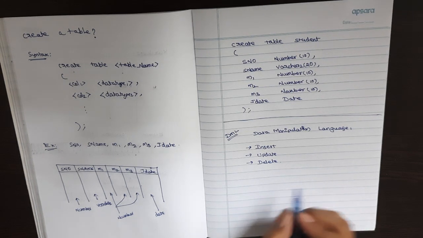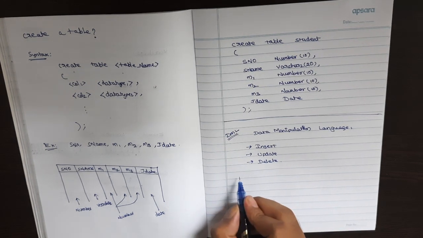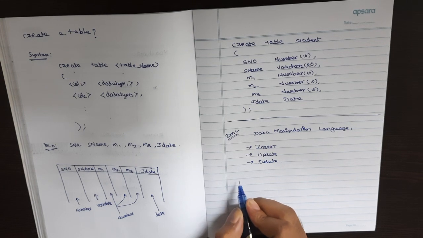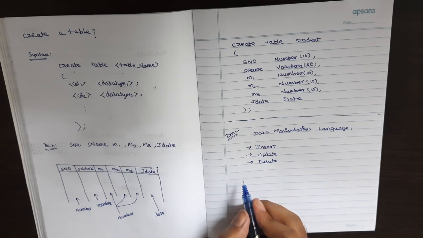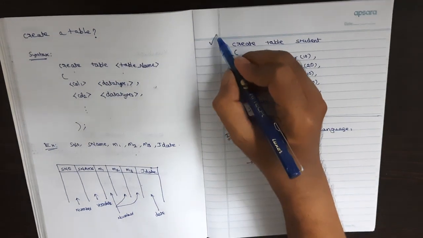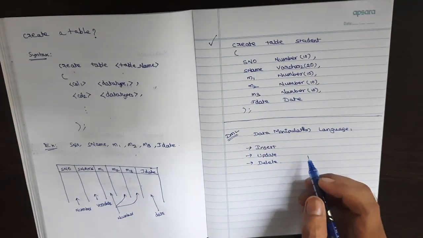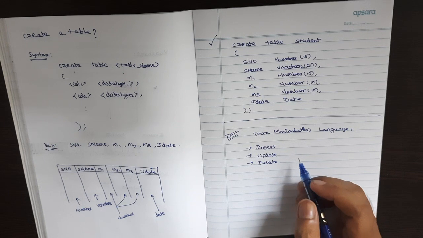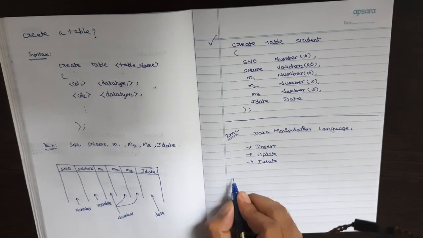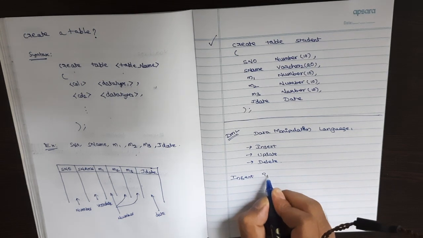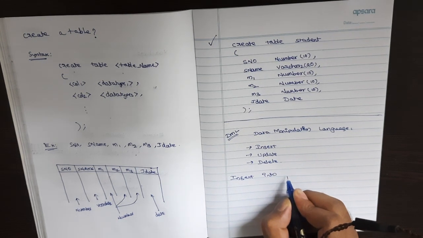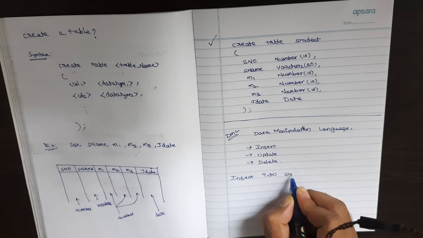Okay, so what is insert and how can you insert? If the table exists, then only you can go for insert. So first you need to execute the table. If the table is not available, create it. Now the command: insert into, what is the table name?